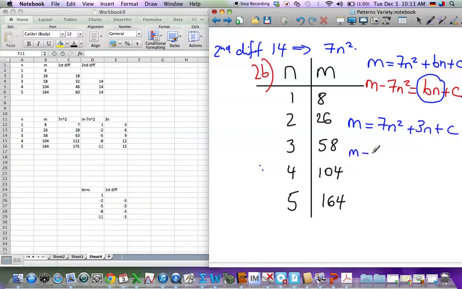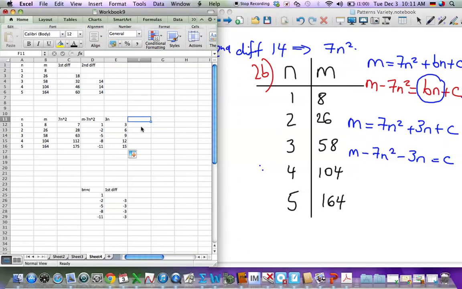So to do that, I'm going to do m minus 7n squared minus 3n, and that will give me the c value. So if I go back to my table, I'm going to do m minus 7n squared minus 3n. So equals m, this is where the labels are really helpful, minus 7n squared minus 3n.